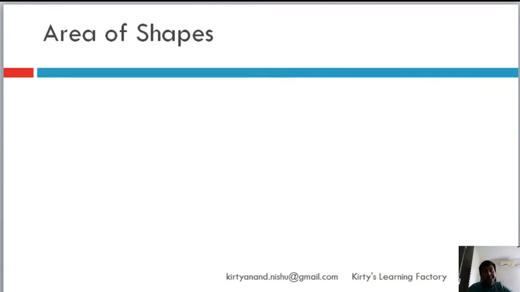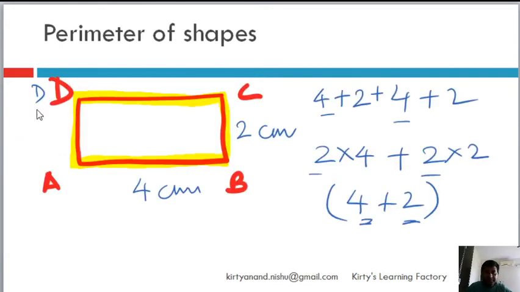Now area. Area is also like that. And we will understand what area means, and how the formula for area has been created. So area, like I said, if you look at the perimeter, it talks about length, right? How long it is. So the unit of perimeter is a unit of length.